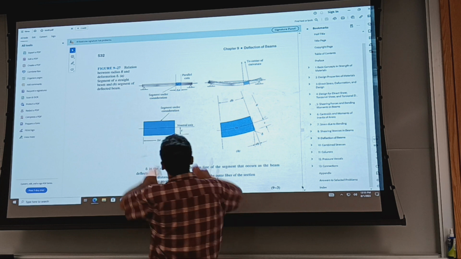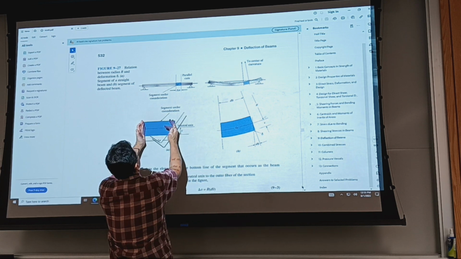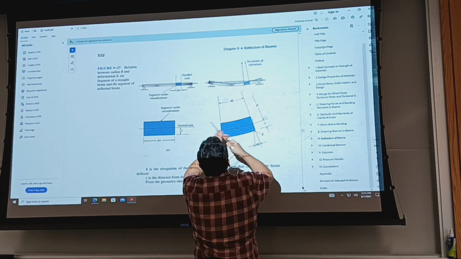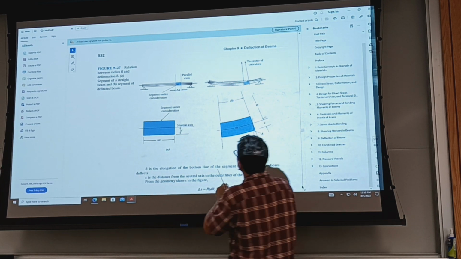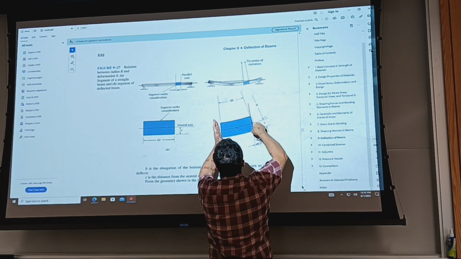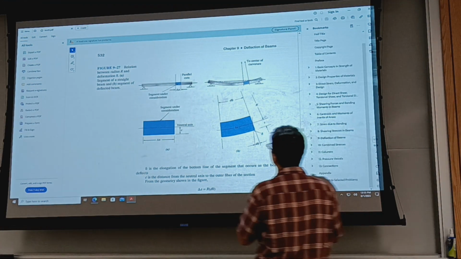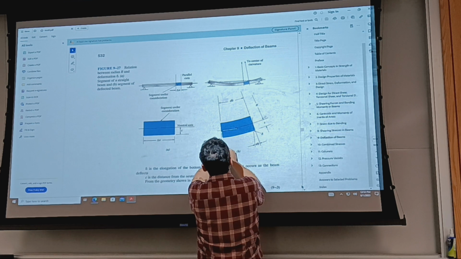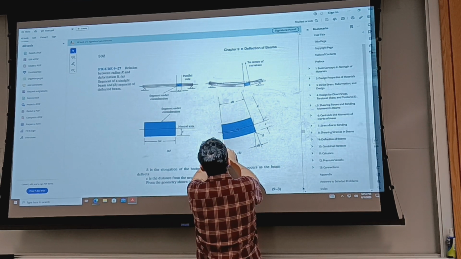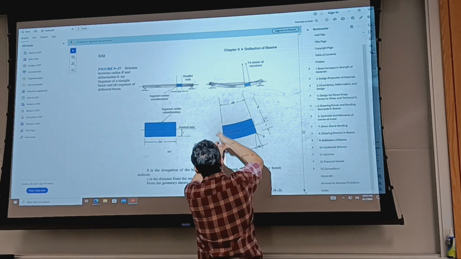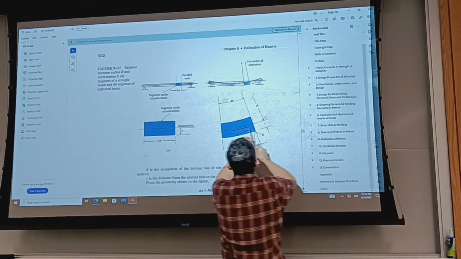You start with a short piece of the beam before it's loaded, and then after loading it curves, and the end cross sections rotate with the neutral axis. If you measure the angle between the tangent at this point and the transverse section, it will be 90 degrees.